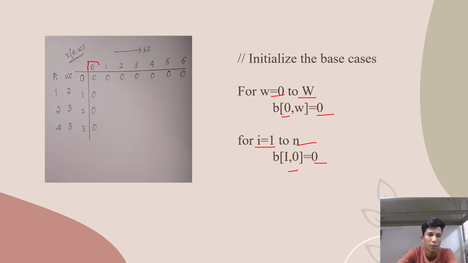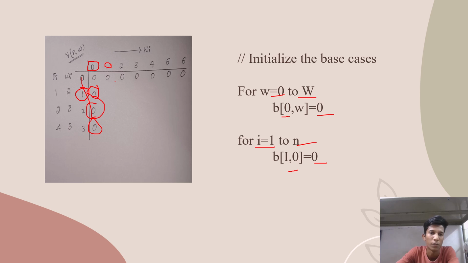See, if there is no weight in the bag but there are items, then you initialize 0. Similarly here and here also. Then if there is no item but the bag has a capacity of 1, at this time also you initialize 0.